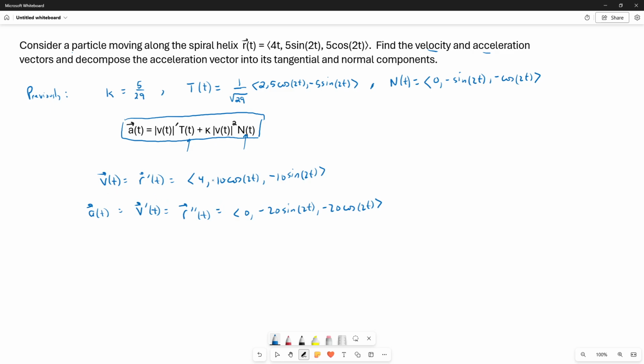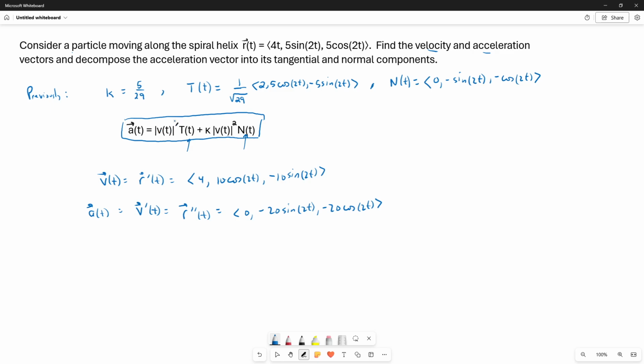Okay, so we have a velocity vector and we have an acceleration vector. Notice that the acceleration vector at any point is pointed towards, it looks like, the x-axis. And now we can decompose. So in order to decompose, we need the curvature here, which is 5/29.